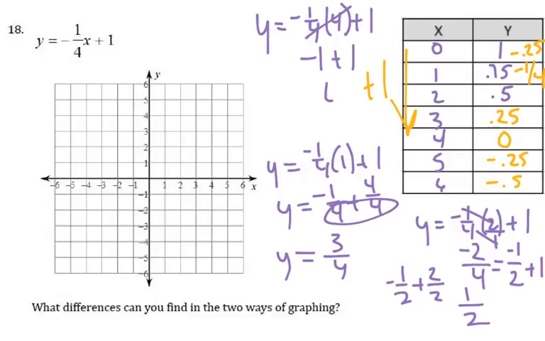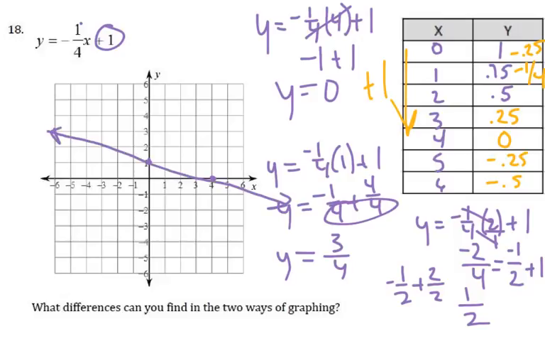Negative 1 plus 1 gives us 0, so we get y equals 0. Okay, so we could plot it. 0, 1. Isn't that our y-intercept of 1? Yes, it is. Okay, and I'm almost out of time here. 1.75 would be tough, so 4, 0. 4, 0, that's our x-intercept. Okay, that's enough to draw our graph.